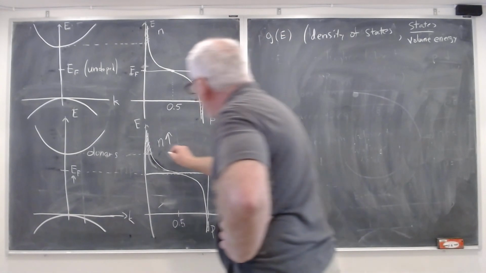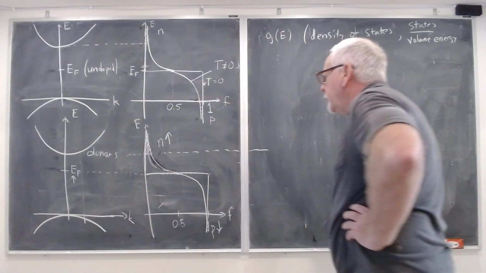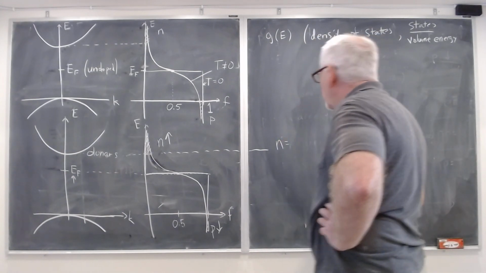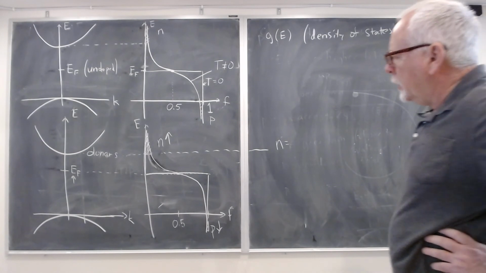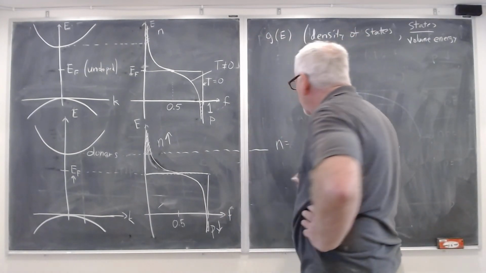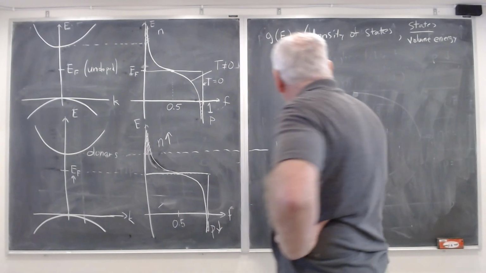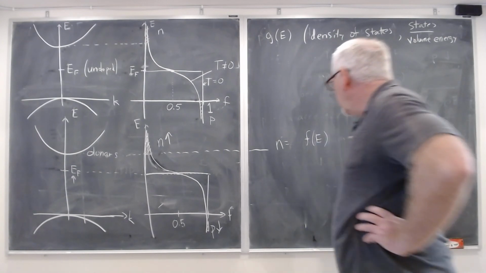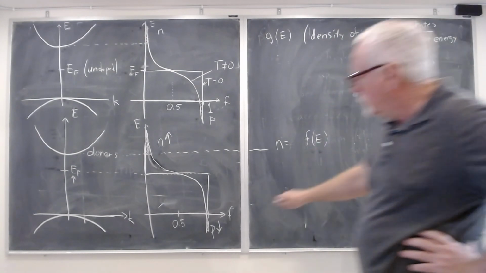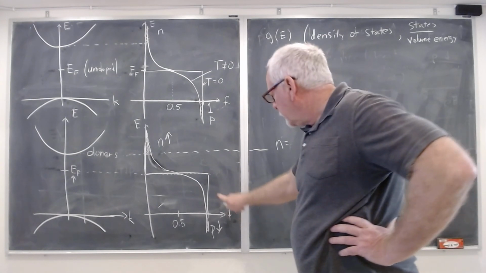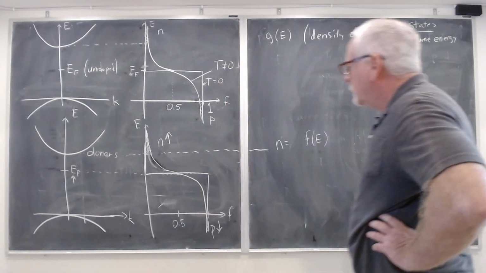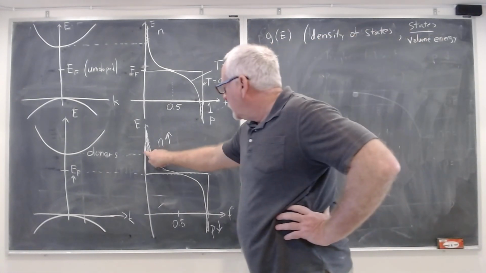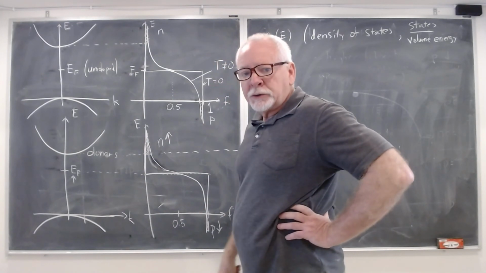All right, so let's go over here. Now, what is N equal to? N is equal to, at each energy, I have F of E. That's the Fermi-Dirac function. It goes between 0 and 1. And so, at each energy, I have a certain number of electrons per unit volume.